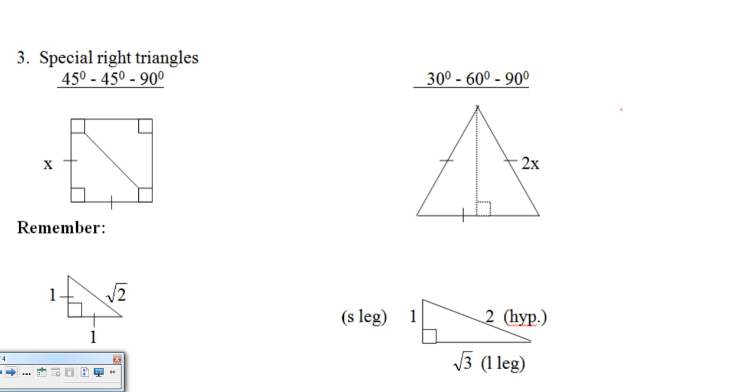On the 30, 60, 90, you're going to have the ratios of 1, radical 3, and 2. Know where you're multiplying. 1 to 2. 1 to radical 3. And then you're dividing going in the reverse direction.